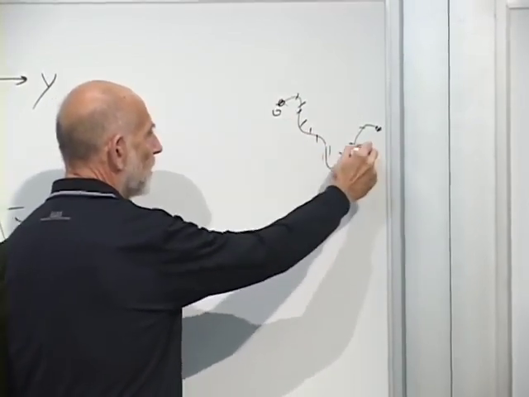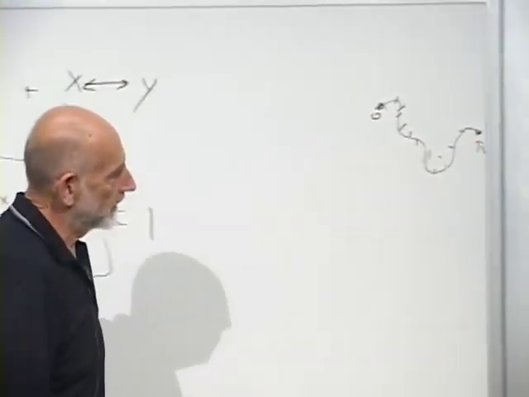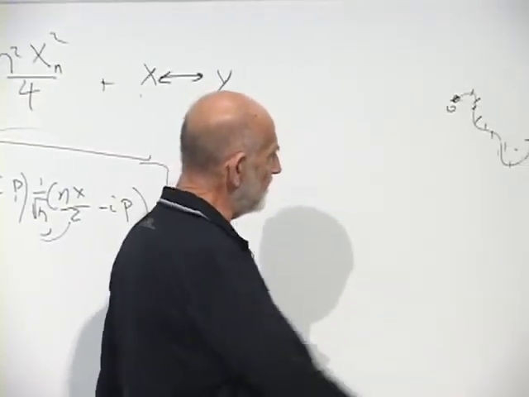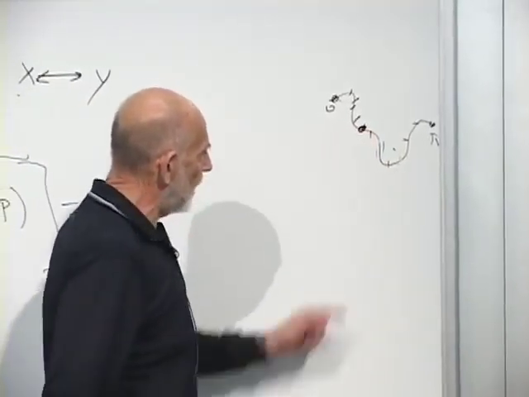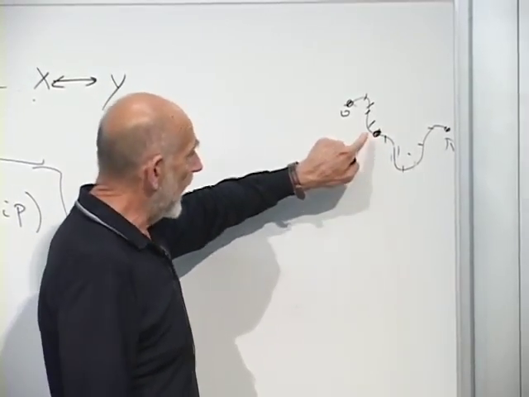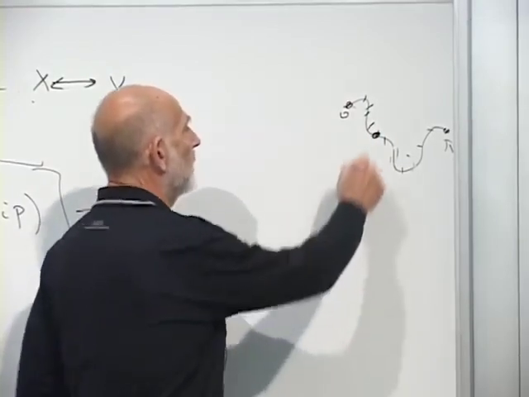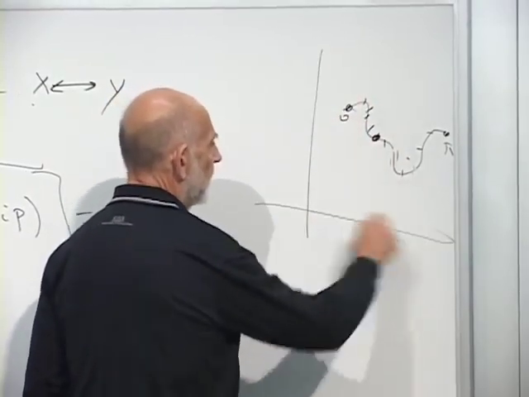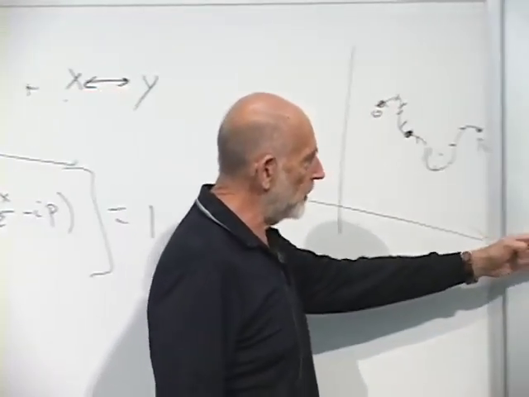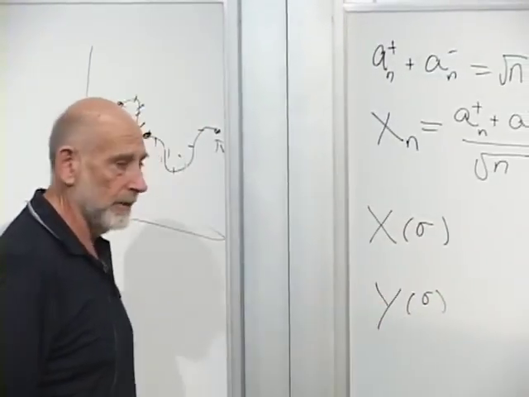Sigma goes from 0 to pi. If we take any point on the string, it's characterized by a sigma. It's the sigmith point, if you like, and it has a particular value of x and y. Here are the xy axes. Each point on the string has a definite location. We call them x of sigma and y of sigma.